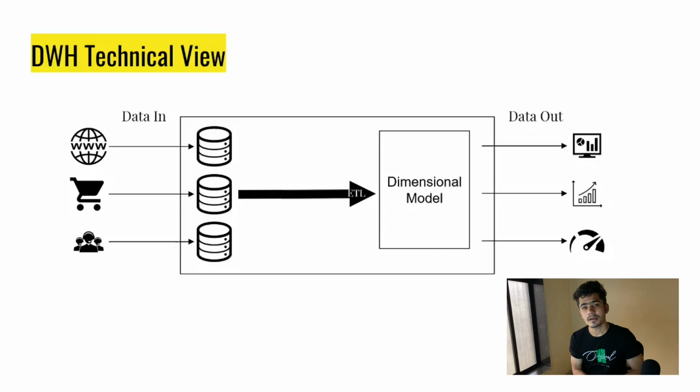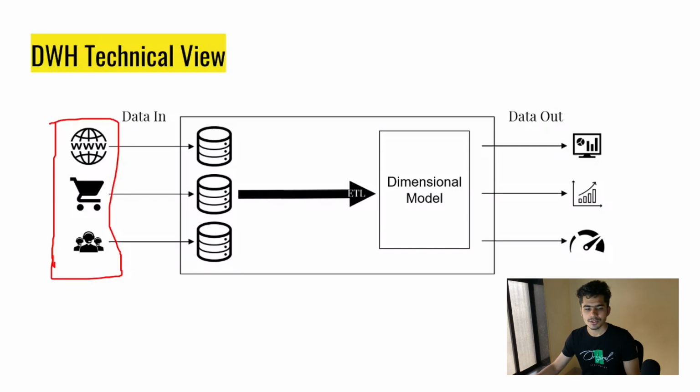So now let's understand the data warehouse from the technical point of view. In the last video, as we discussed, we have data coming from multiple sources. Now we store this data in our transaction system. It can be PostgreSQL, MySQL, MS SQL, or any relational database. Then we do some ETL. We're gonna talk about ETL in detail in our demo, so don't worry about it.